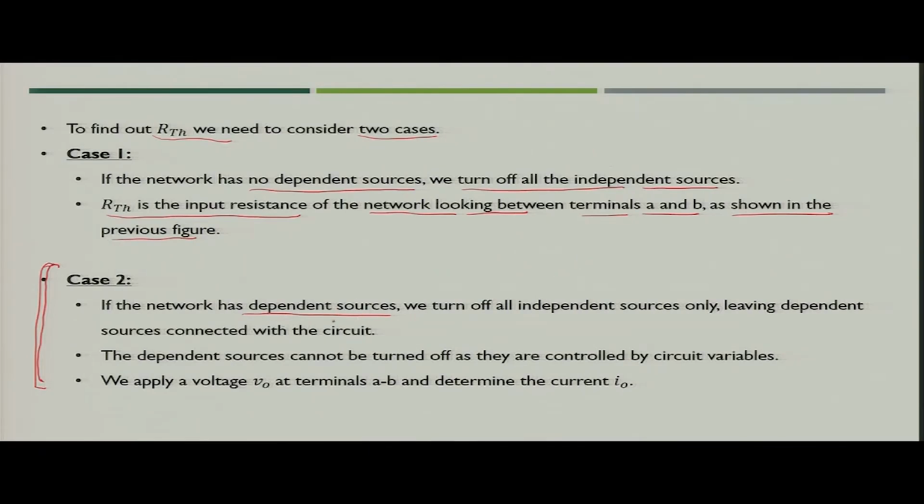So, we keep the dependent source connected in the circuit, and we turn off only the independent sources. Since the dependent sources are controlled by circuit variables, we keep them and apply a voltage V naught at terminals A and B and determine the current I naught.